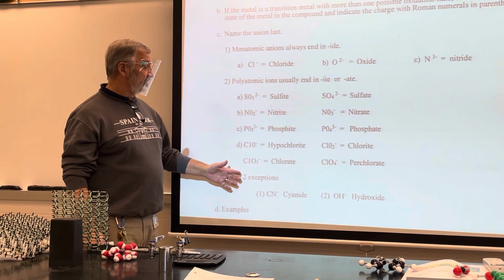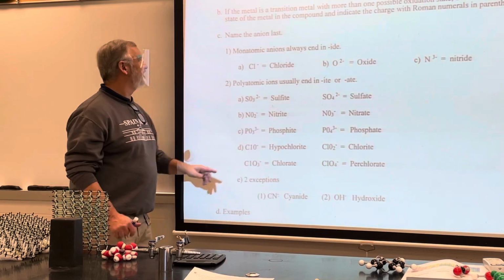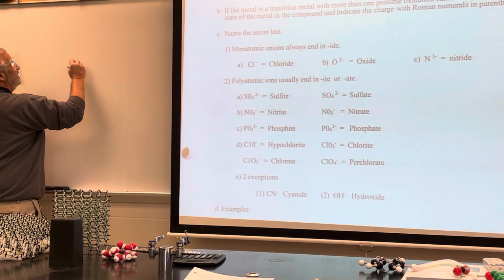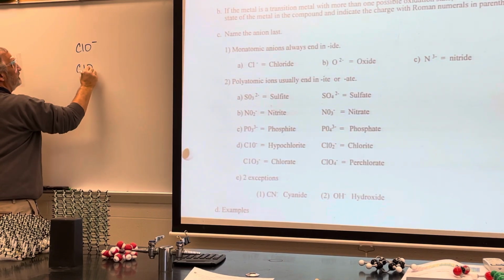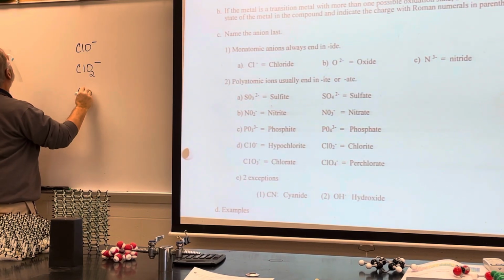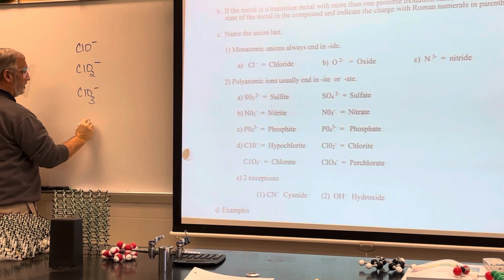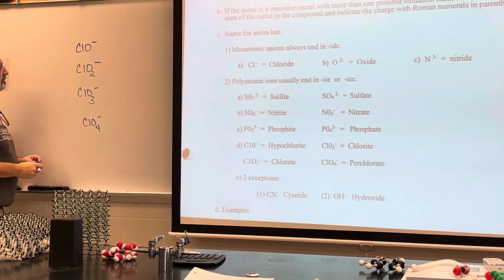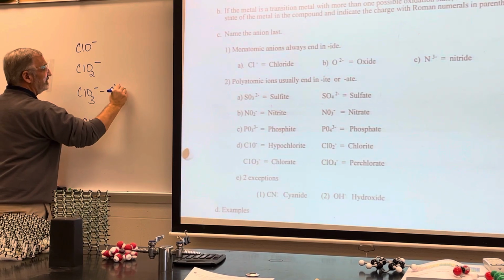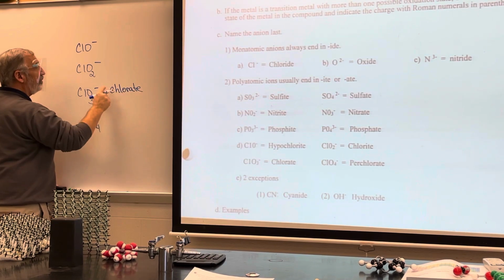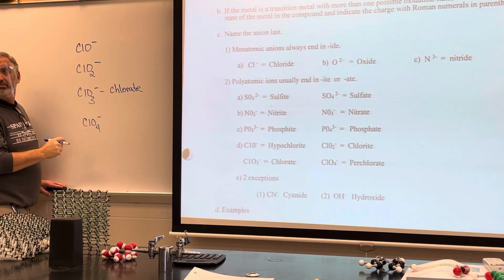Until you get down here. So again, we have the 4 different ways in which chlorine and oxygen can combine. So they named this one chlorate. The one with one less oxygen, chlorite.